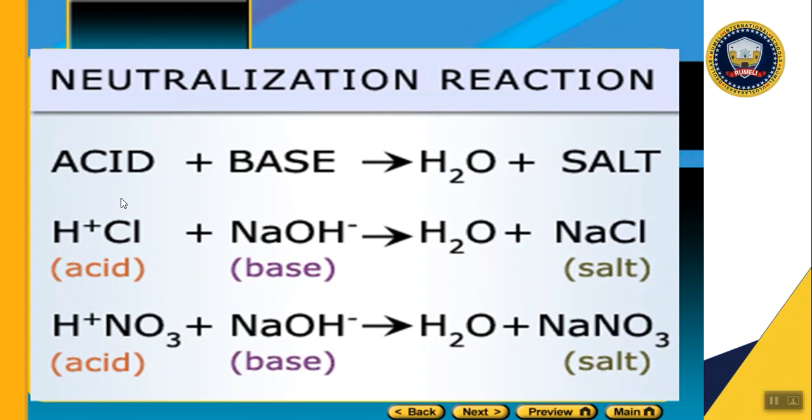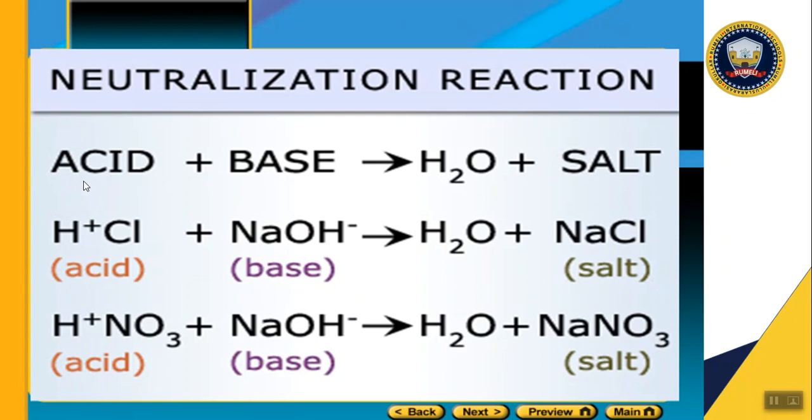So here we have case 1 and case 2. Case 1, strong acid and strong base. The products will be neutral, so there is no change in the pH. Weak acid and weak base, also there is no change in the pH. But if we react weak acid with strong base, what will happen?